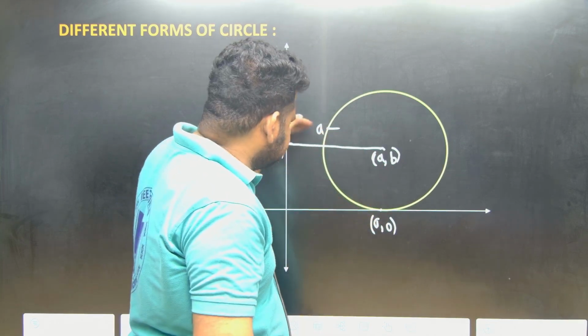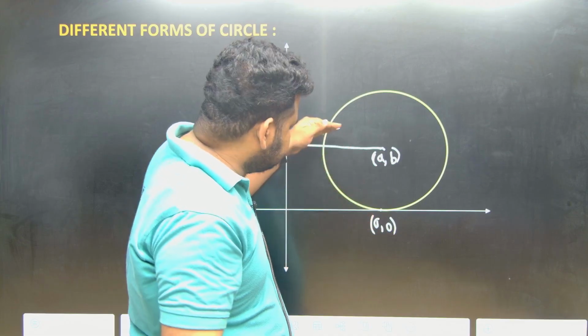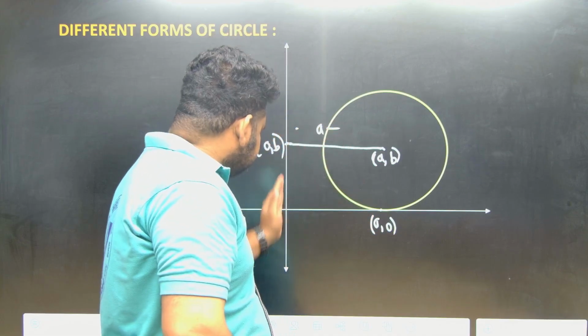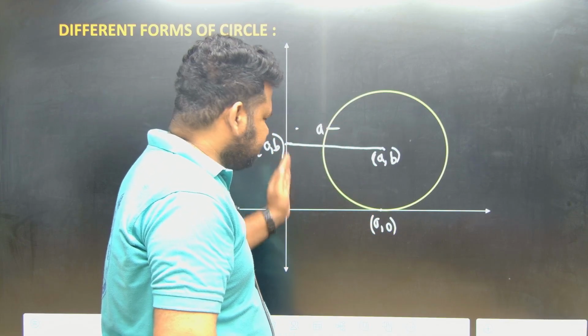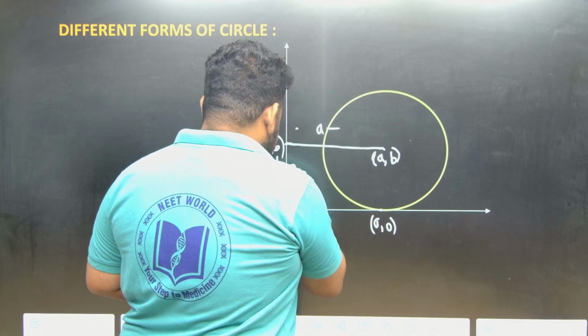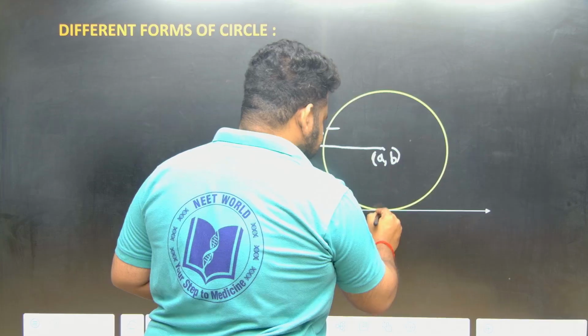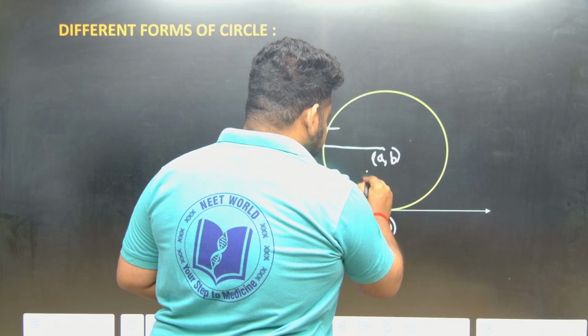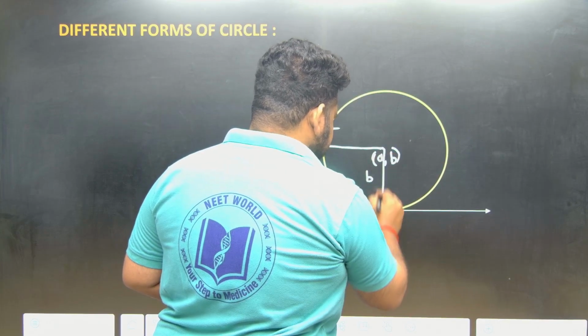If this length is a, this length will also be a. Now the vertical distance is b, similarly this vertical distance is b, and this vertical distance will also be b.